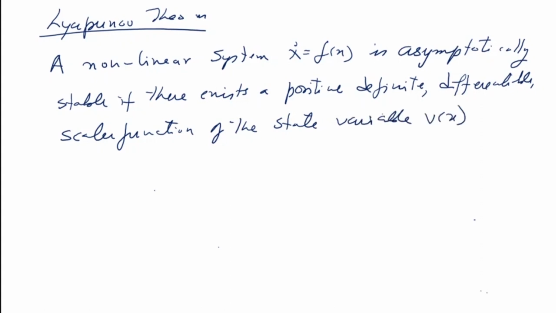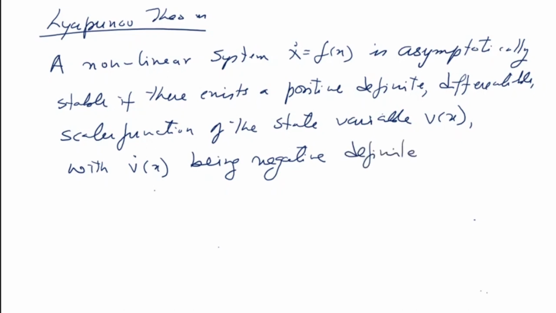The Lyapunov theorem basically says a nonlinear system is asymptotically stable if there exists such a function V of x with V dot of x being negative definite.